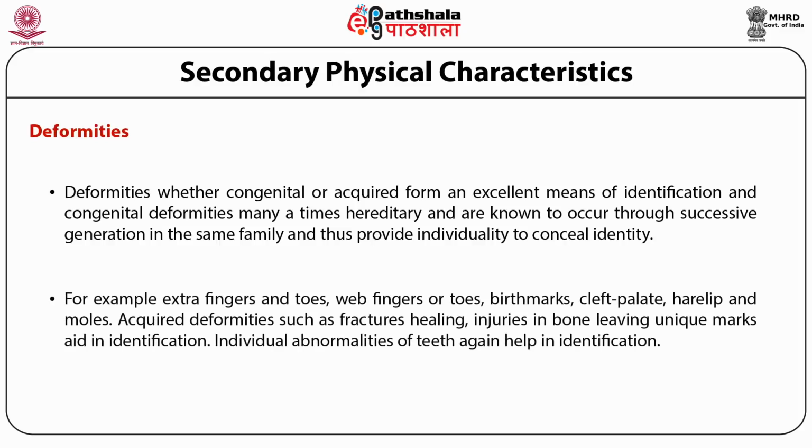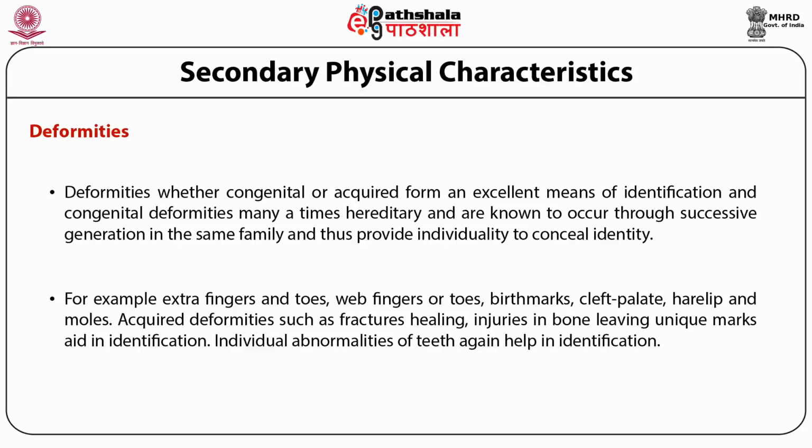For example, extra fingers or toes, webbed fingers or toes, birthmarks, cleft palate, hare lip, and moles. Acquired deformities such as healed fractures and injuries in bones leaving unique marks aid in identification.